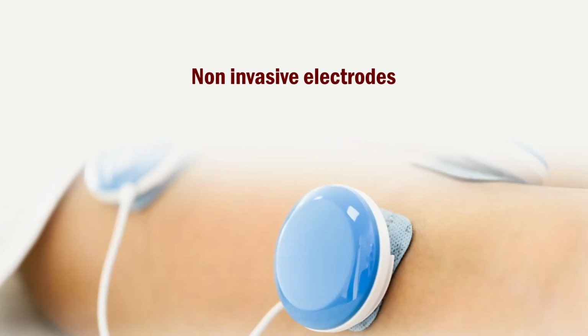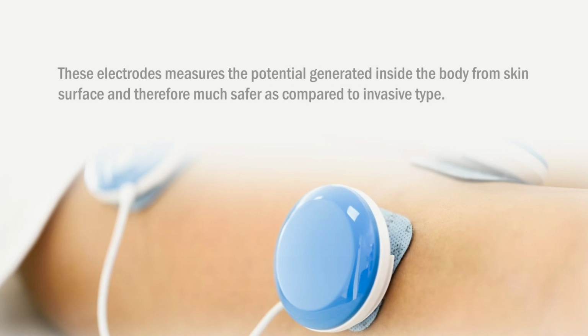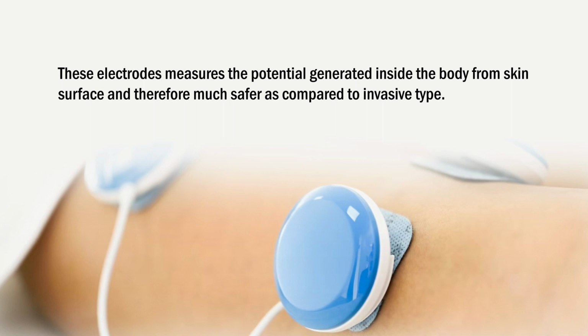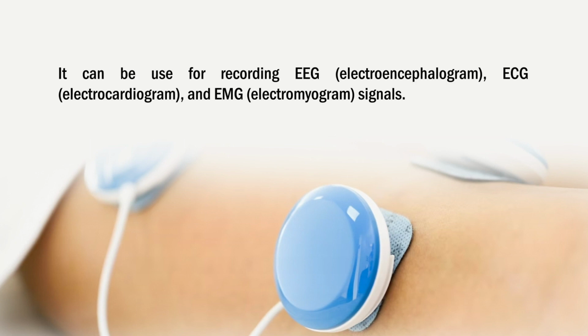In this section, we will study the non-invasive electrodes and their types. These electrodes measure the potential generated inside the body from the skin surface and are therefore much safer as compared to the invasive type. They can be used for recording signals from brain, heart and muscles.